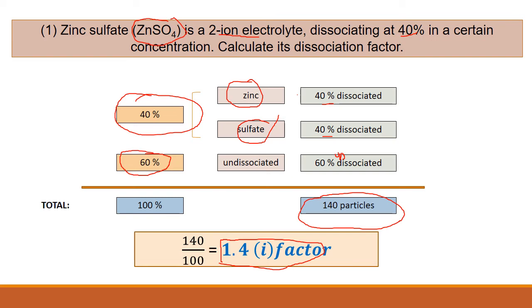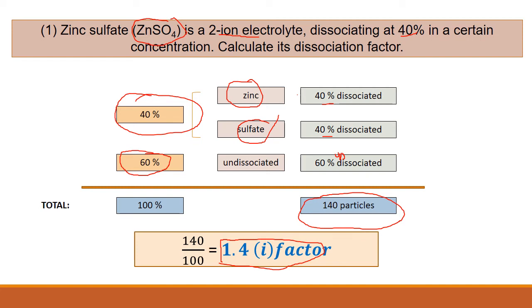Okay, so you have 60%. The dissociation is 40%. So we have 100 minus 40 is 60. That is the undissociated. So 40 plus 40 is 80, plus 60, we have 140 for our particles. And then for our percentage, we have 40 plus 60, we have 100%.